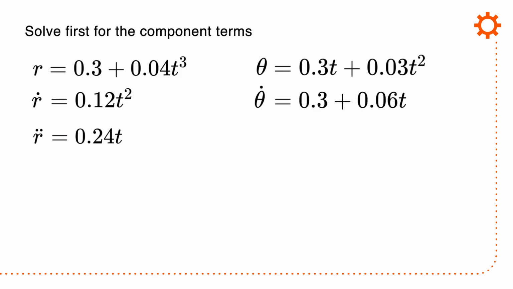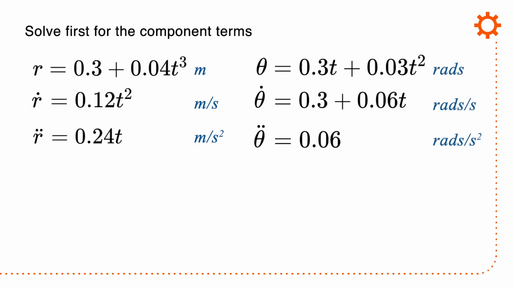Theta dot, when I take the derivative, that one sticks around, unlike the previous equation, and I get 0.3 plus 0.06t. And then for theta double dot, I get 0.06. These are in different units. These are in units of meters, meters per second, and meters per second squared. And these are in units of rads, rads per second, rads per second squared.